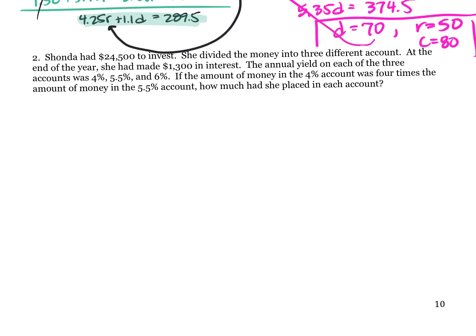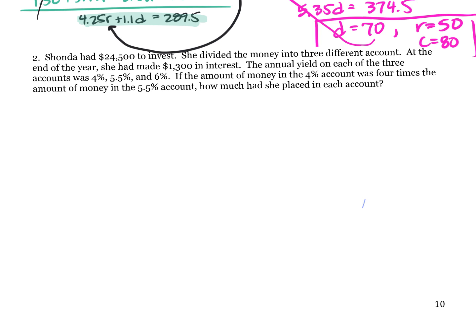Whoa. Okay. A, B, C, X, Y, Z. What do we want to use for our variables? A, B, C. Okay, sure. What do you think my 3 variables would be? She said, how much did she place in each account? Which accounts? The C would be the total amount of money that she has in the end, right? Yes, agreed.